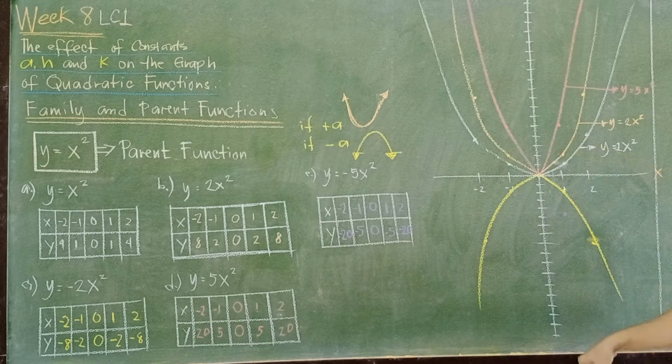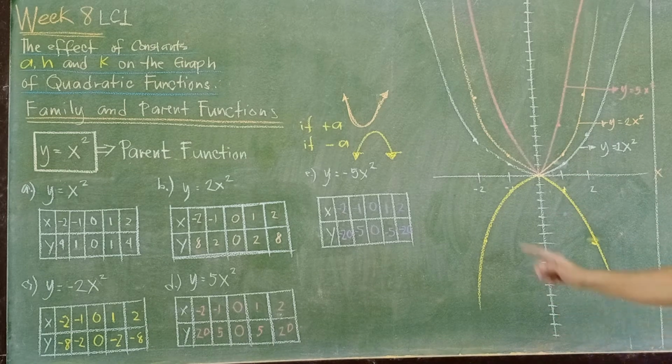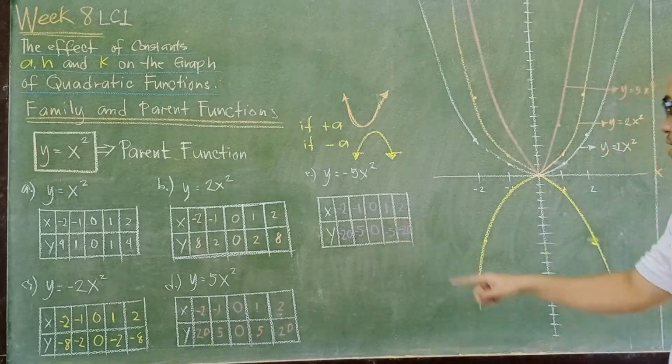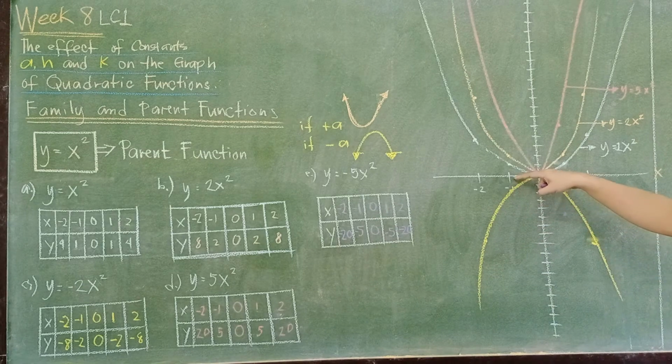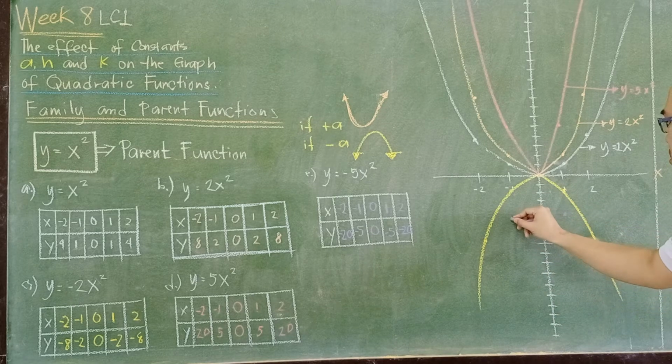Pag pababa, negative numbers: negative 1, negative 2, negative 3, negative 4, negative 5. Next is negative 1, negative 5. So this is negative 1 sa may x, tapos negative 1, negative 2, negative 3, negative 4, negative 5.